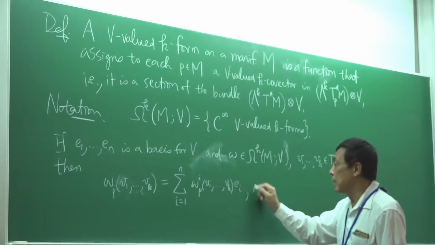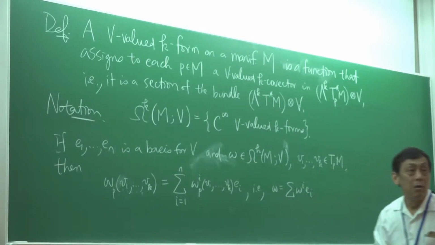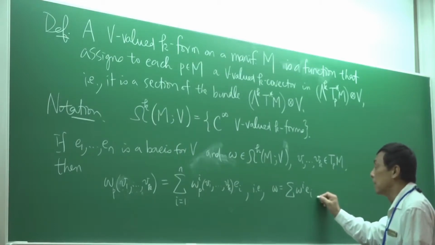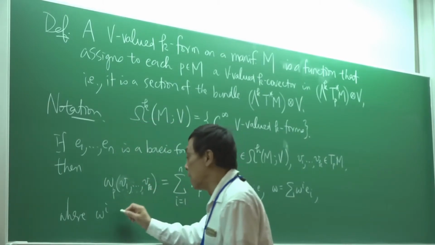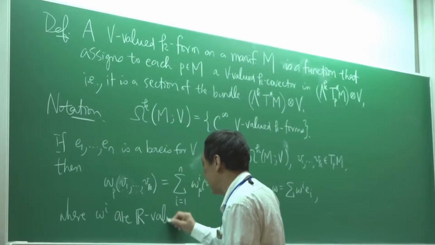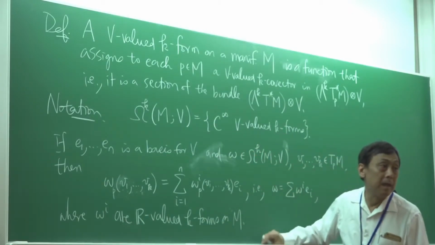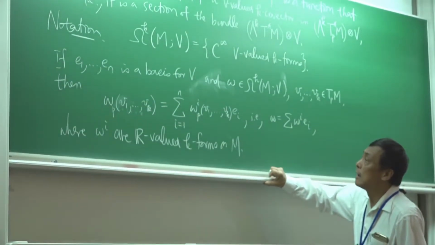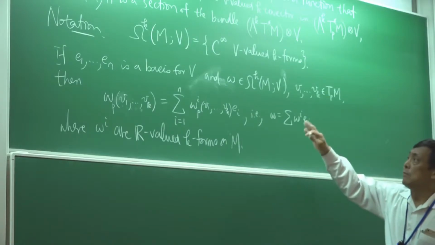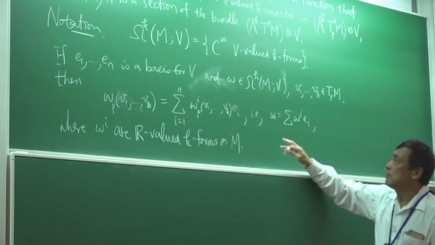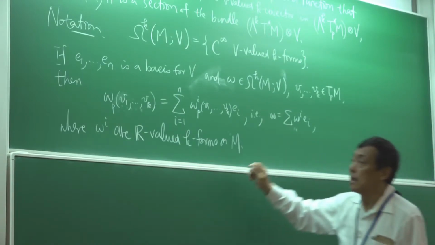And so therefore omega is a linear combination of omega_i e_i, where the omega_i are ordinary R-valued k-forms on N. Once you fix a basis, you can think of a vector-valued form as just a collection of ordinary R-valued forms.